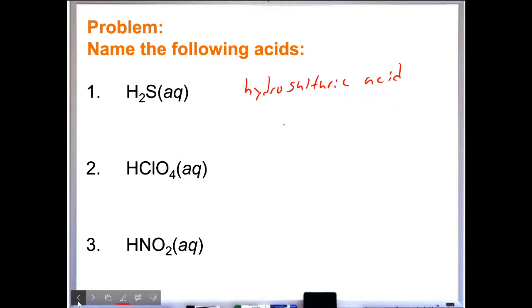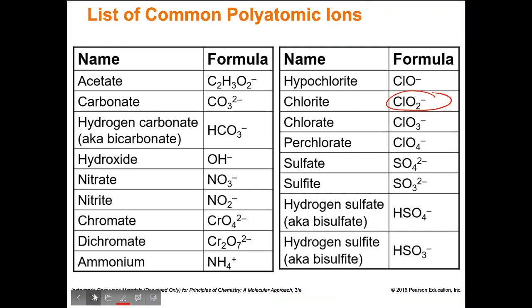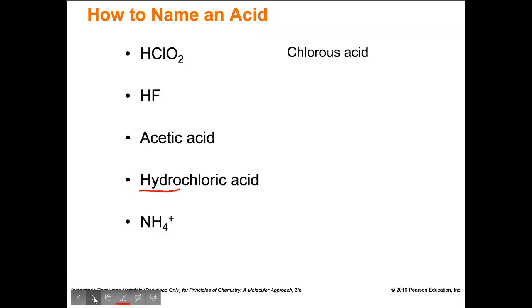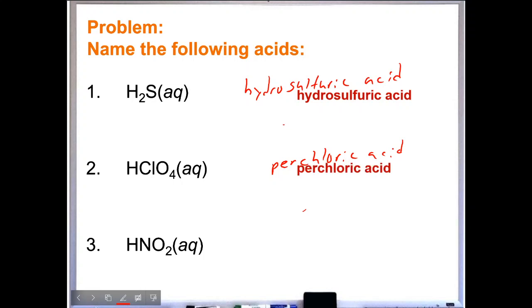I have ClO4, perchlorate. So how do I name this one? Remember ate to ic. So this would be perchloric acid. Let's check our answer. Perchloric acid. Perfect.